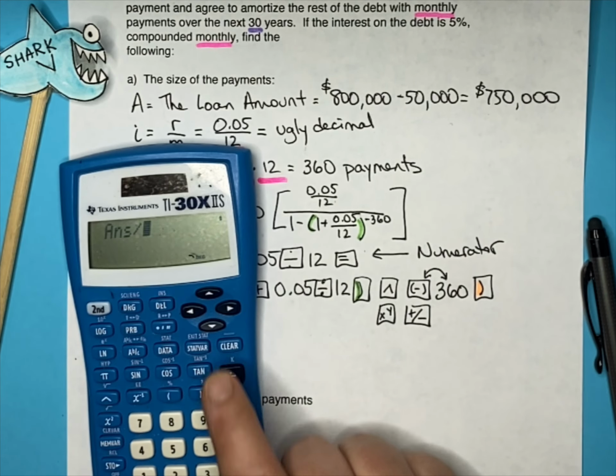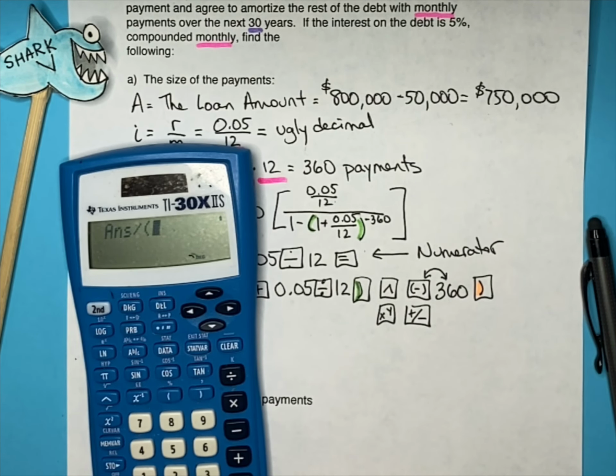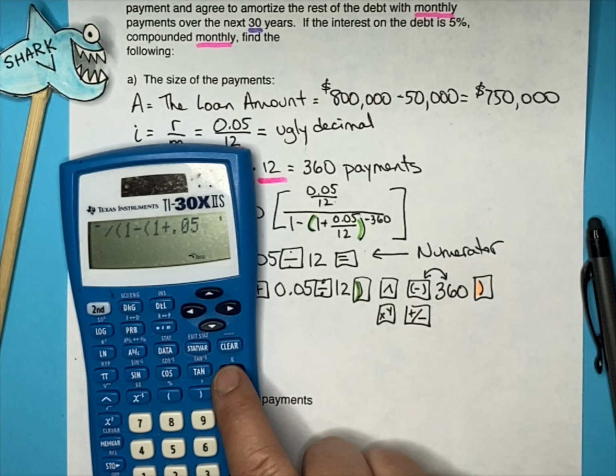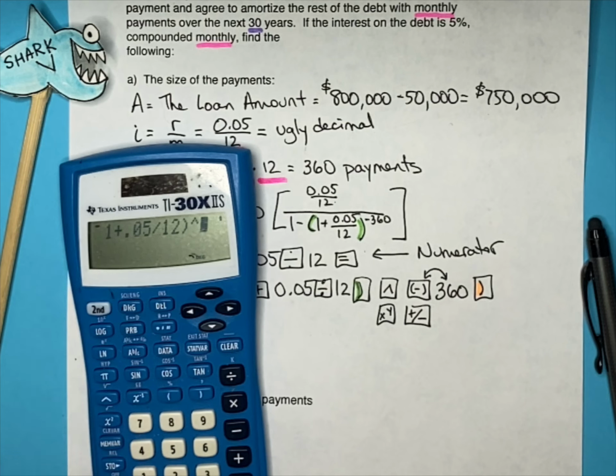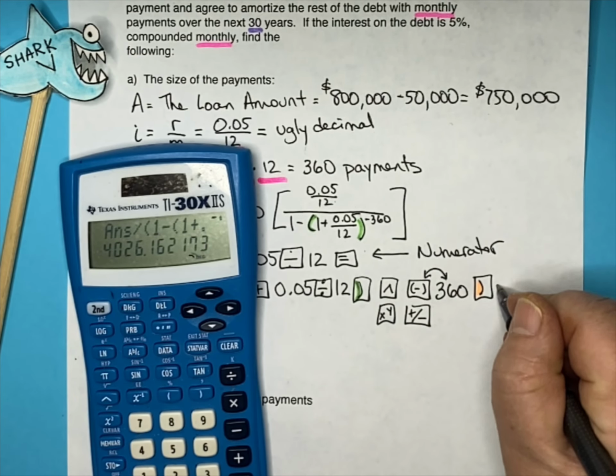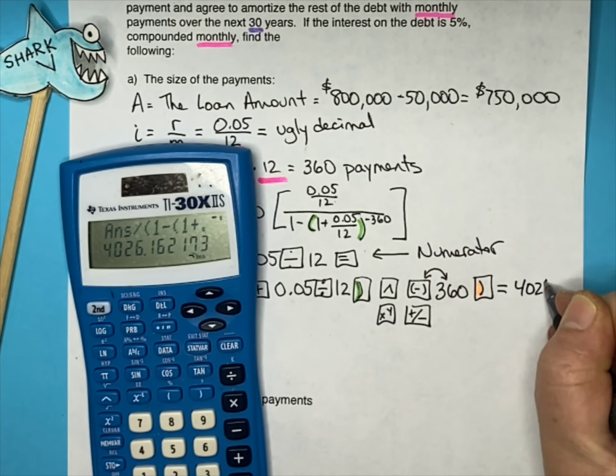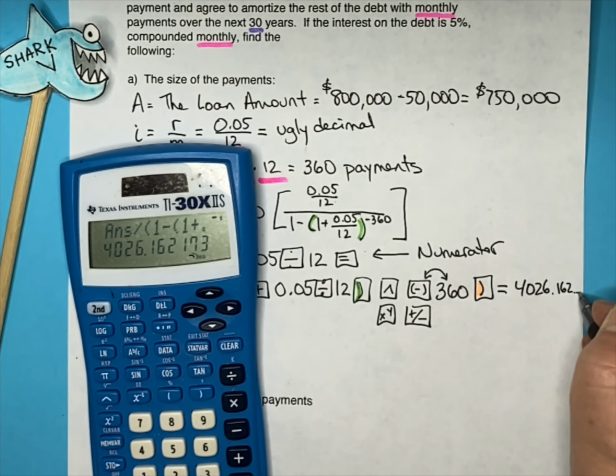Now I'm going to divide by, open a parenthesis, 1 minus, open a second parenthesis, 1 plus 0.05 divided by 12, close the parenthesis, raise it to the opposite of 360, close parenthesis, and hit equals, and I get 4026.162 and some other stuff.